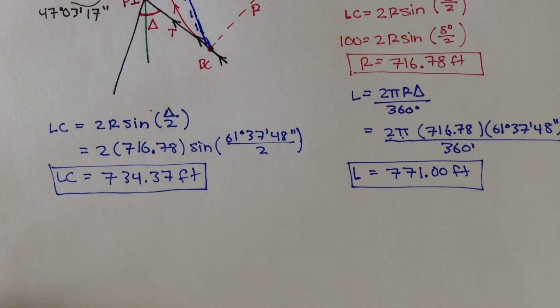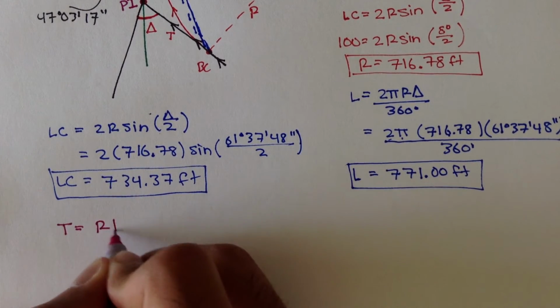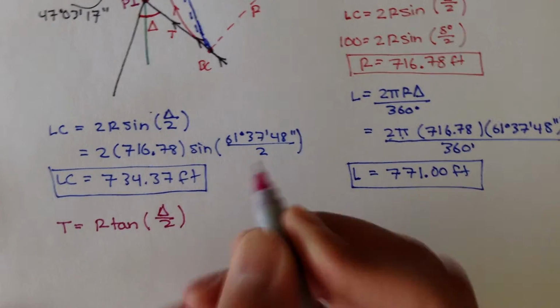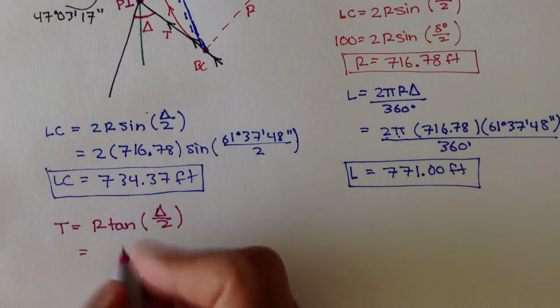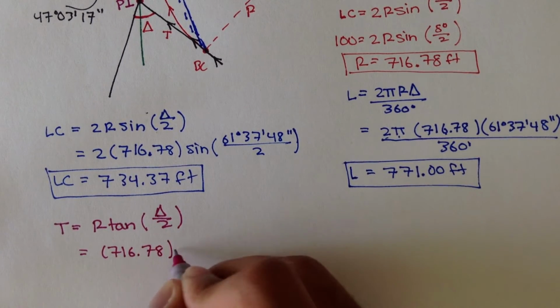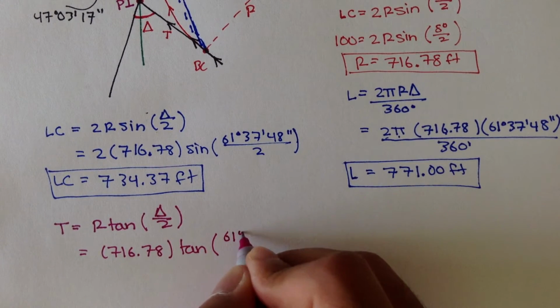So T we have a formula for. It's T is equal to r tan of delta over 2, right? We know what our radius is. Our radius is 716.78 times the tangent of our interior angle divided by 2.